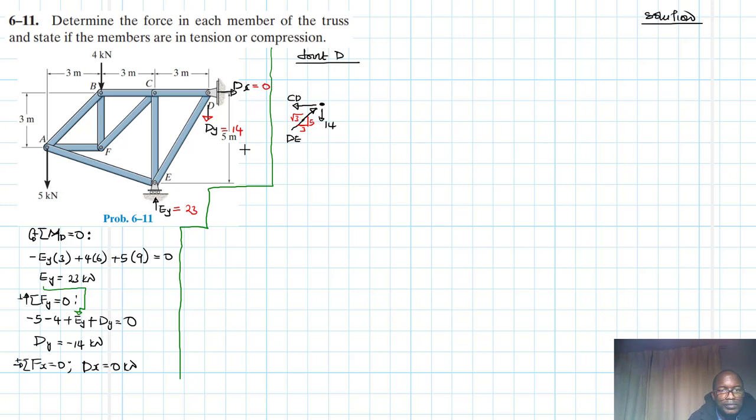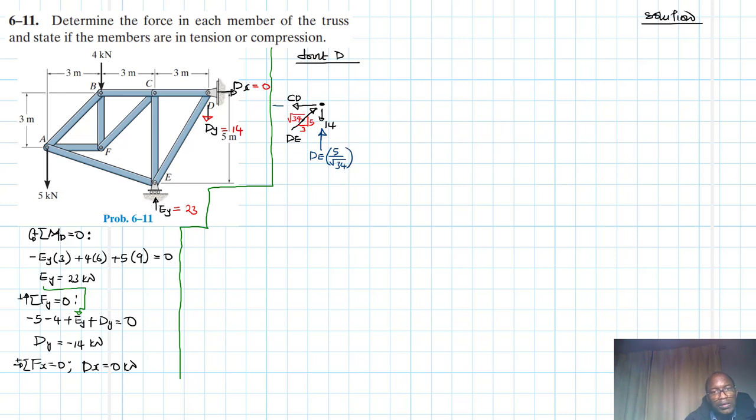Root of 34 like so. So we're going to have two components. We'll have one component like so. So this one becomes DA by 5 rise divided by root of 34.